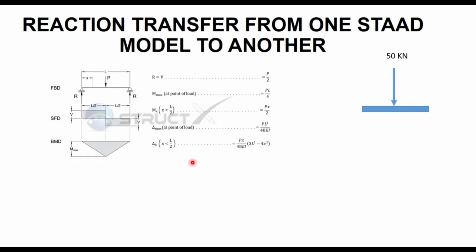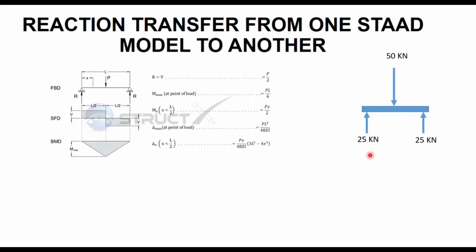Let's say for this particular simply supported case, I have applied a 50 kilonewton point load. So ultimately what will be the reaction? The reaction will be distributed on these two supports, and you will get a reaction of 25 kilonewton at each support. So the simple fundamental is, whatever is the action, it has an equal and opposite reaction. That's a simple funda that you need to take care of, right?